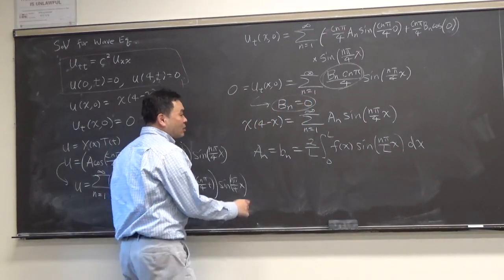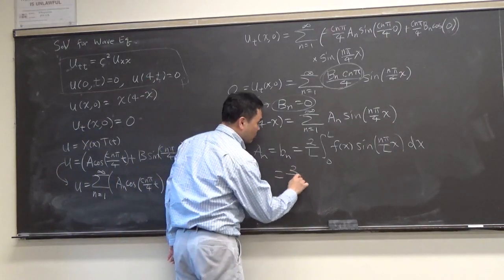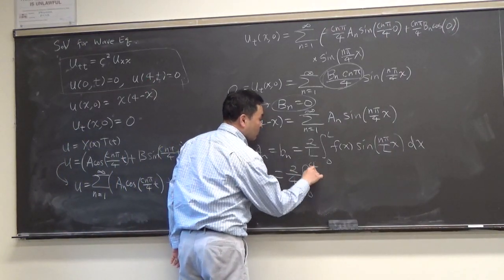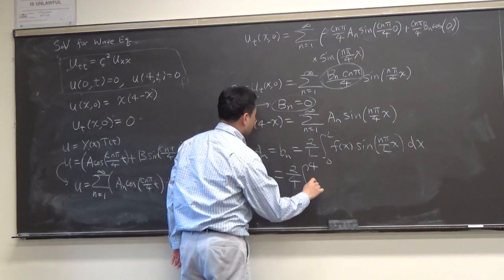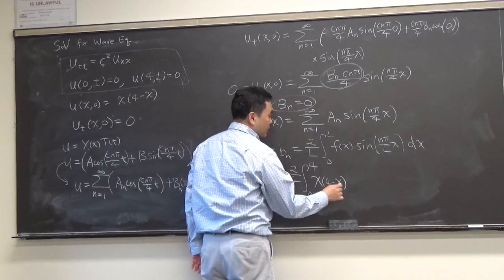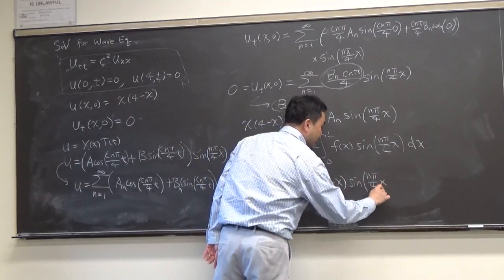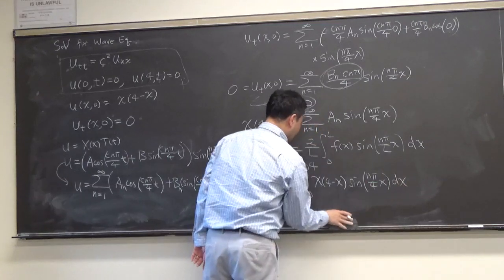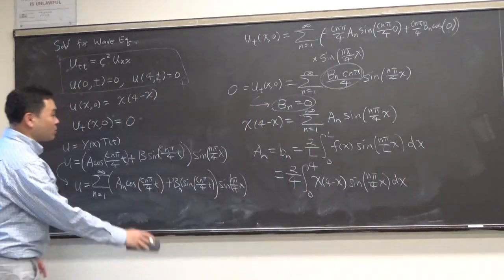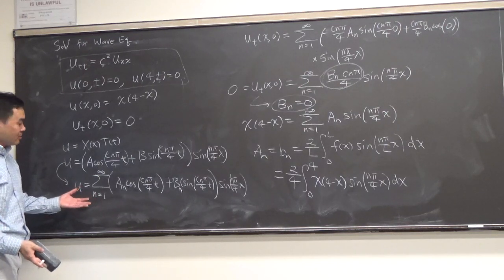And in our case, L is 4 because it's 0 to 4. So it's 2 over 4, integral from 0 to 4 of x times 4 minus x, and then sine n pi over 4 x dx. Okay, so that's what we have to compute. And once we have that, then we can just plug it in here, right?